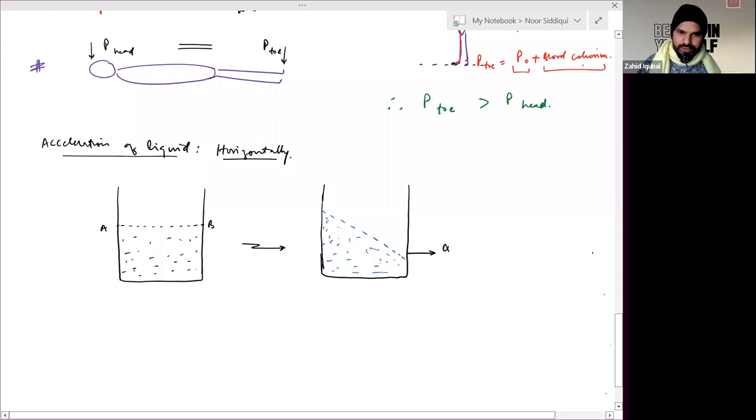So if you draw a horizontal line, let's say this inclination is theta. This will be change in level of liquid, h. This is length L. So A will be equal to G times tan theta, and tan theta will be equal to perpendicular by base. So A by G will be H divided by L. Is it clear?